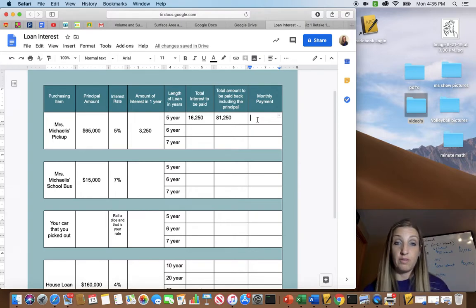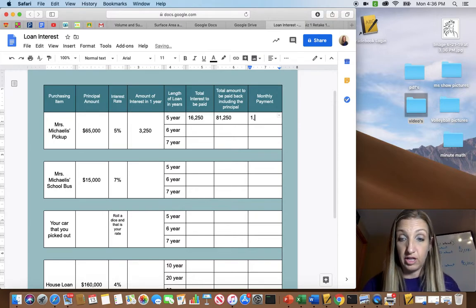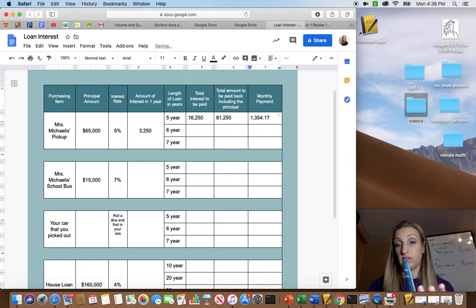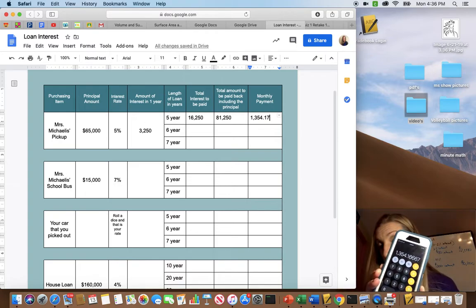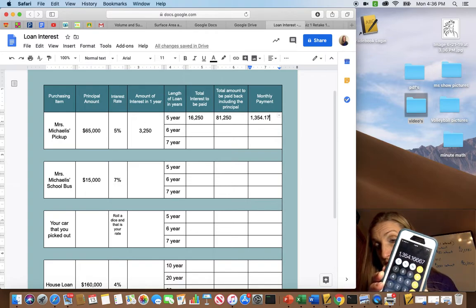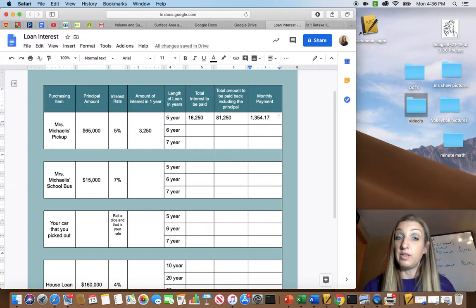That means every month the check I have to pay my loan lender is going to be $1,354.17, it looks like. The number in my calculator is 0.1666, which rounds to 0.17. That is the amount I would have to pay back each month.